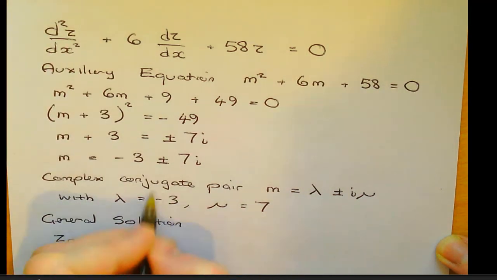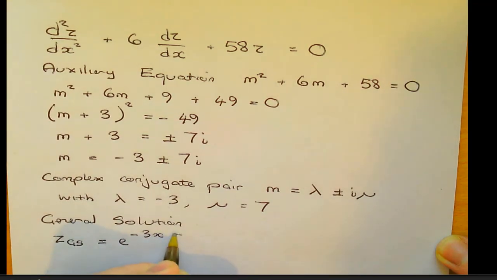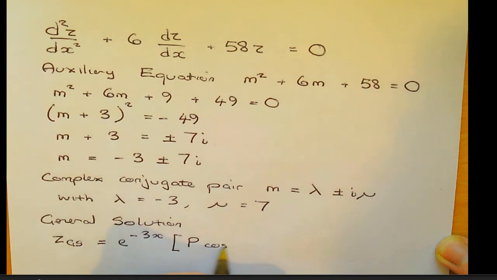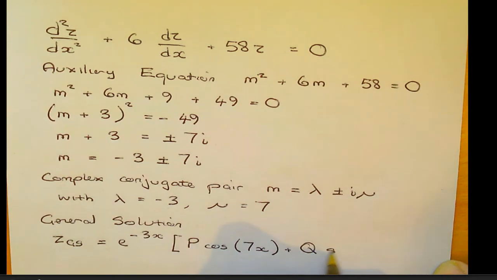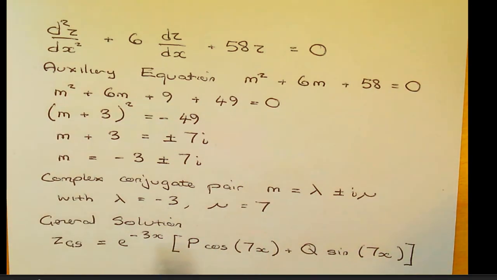So we'll have e to the minus 3x, and then we'll have p times the cos of 7x plus q times the sine of 7x. So this is our general solution. We could verify it by working out the derivative and the second derivative, and we'll see that when we add them together in this combination, we will get 0.